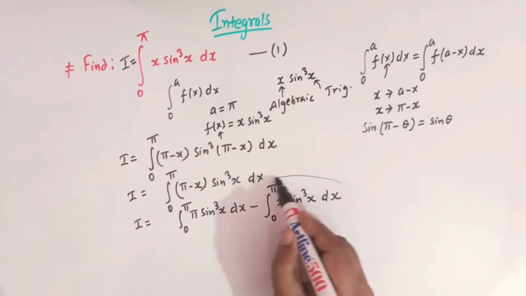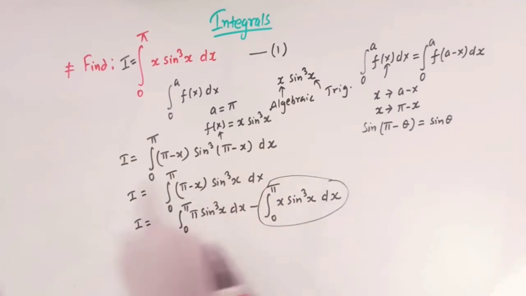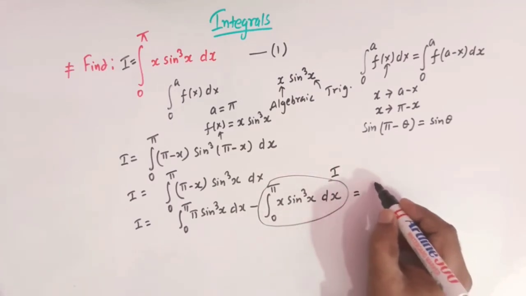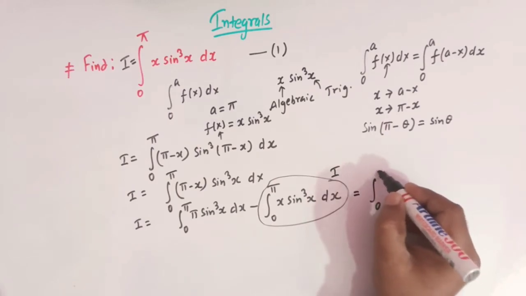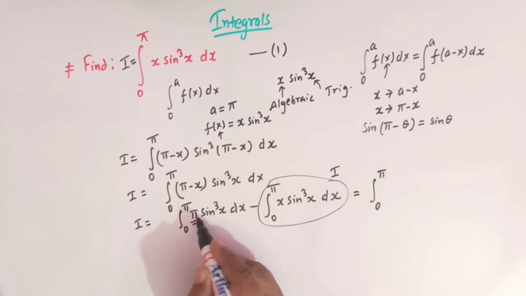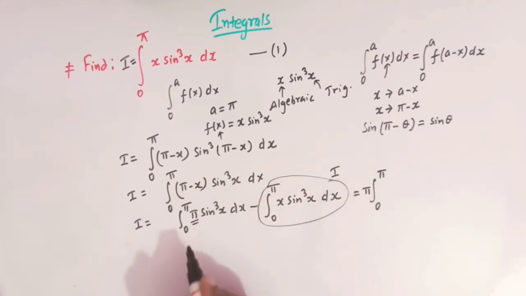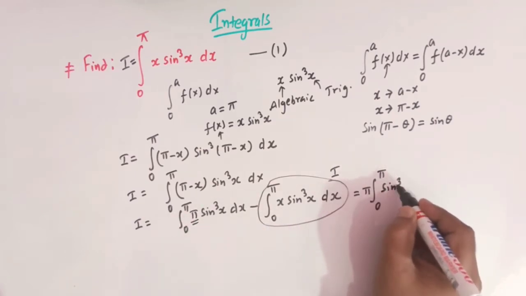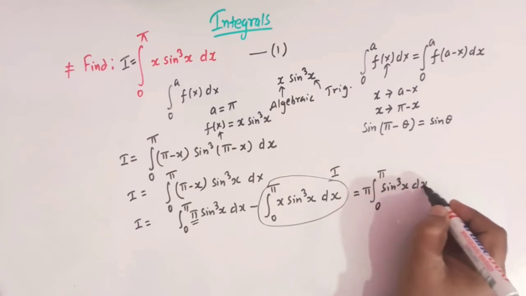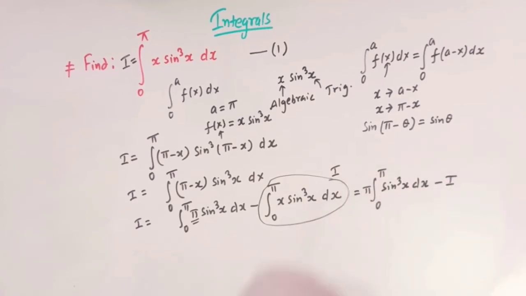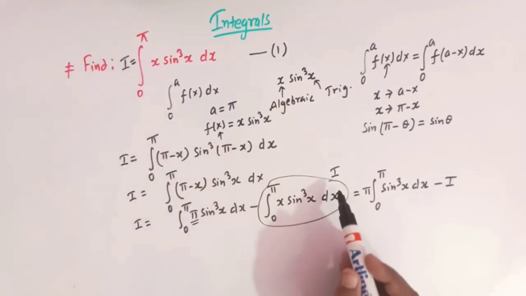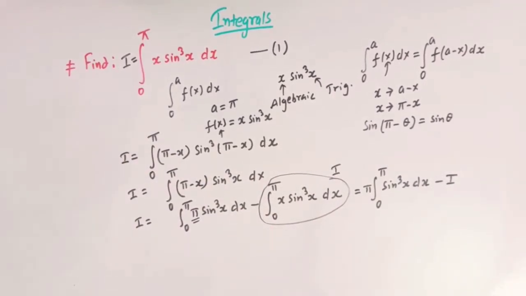We see that this integral is our original integral, so we replace it by I. We take pi outside the integral, being a constant, so we have pi times the integral of sine cube x dx, minus I.